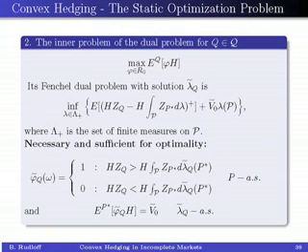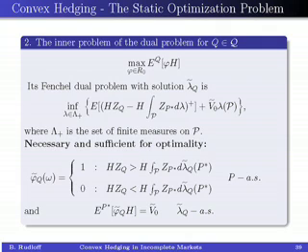Okay, I give you first the result, and then I will talk a little bit about how it can be proved. This is again the inner problem of the dual problem, and we can deduce with Fenchel duality the dual problem of this problem.